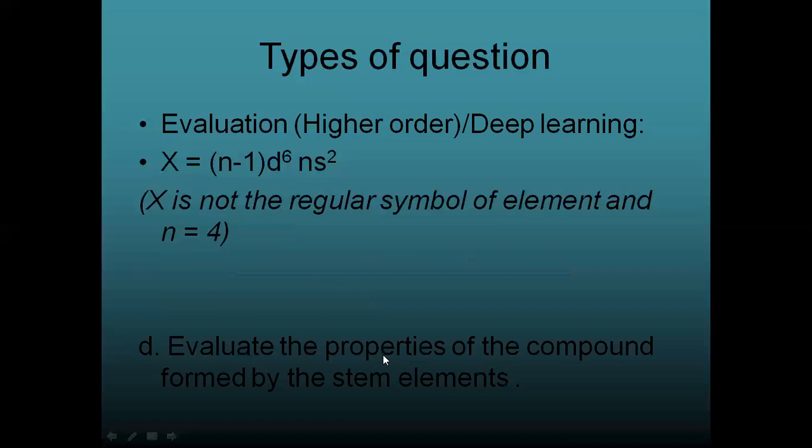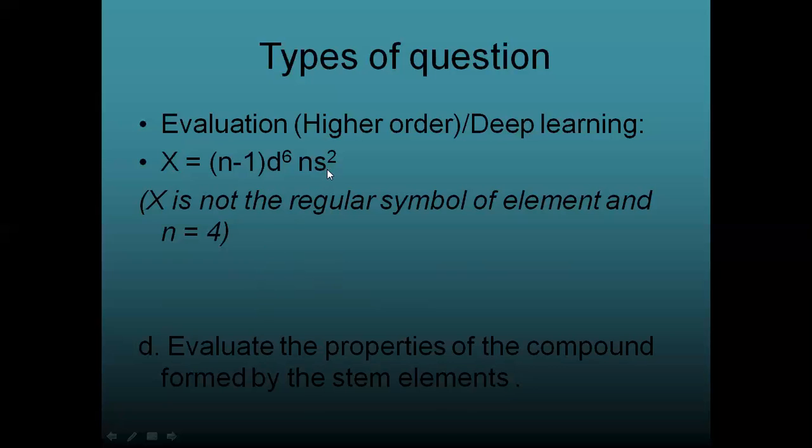Next, higher order thinking question, that means evaluation. Here this element. Now from that element, the question is set to evaluate the properties of the compound formed by the stem element.